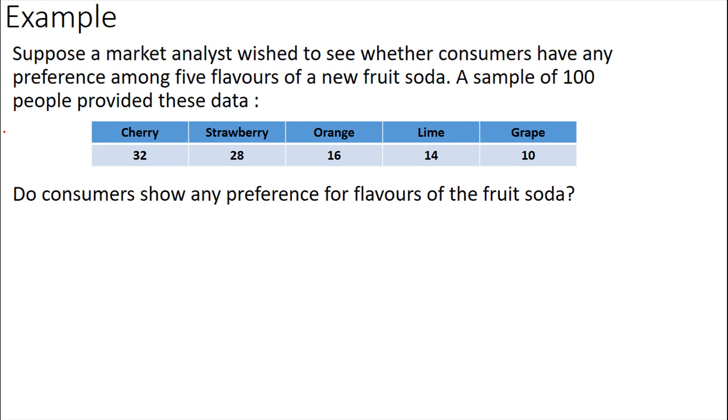Which flavor they prefer? Cherry, 32 consumers; 28 chose strawberry, 16 chose orange, 14 chose lime, and 10 chose grape. The question now is, do consumers show any preference for flavors of the fruit soda?